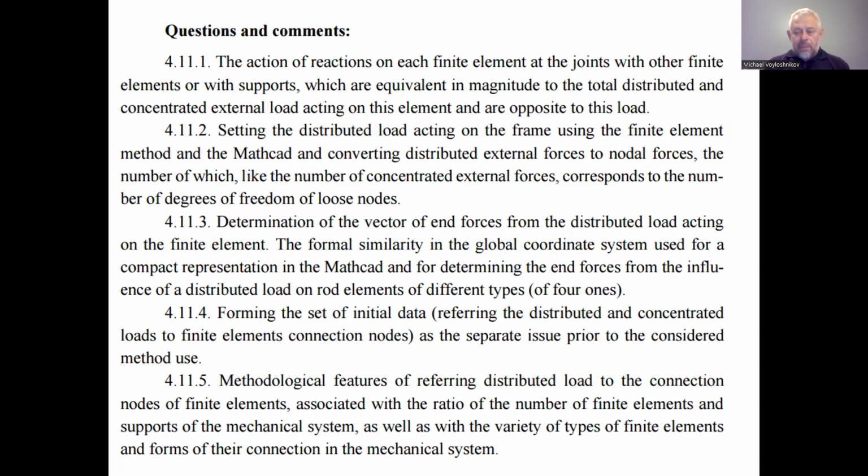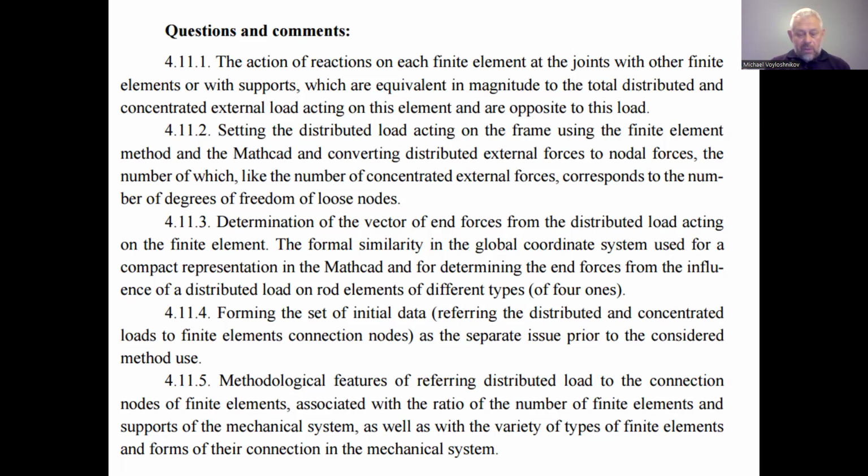So the size of the vector of the nodal reactions is equal to the number of the displacements which is possible when the mechanical system is subject to deformation.